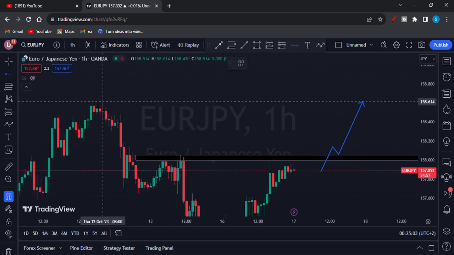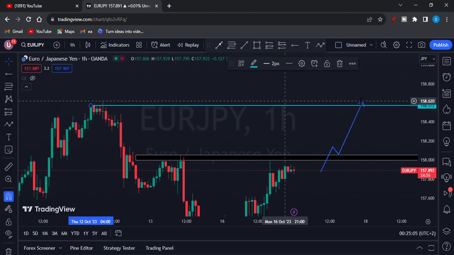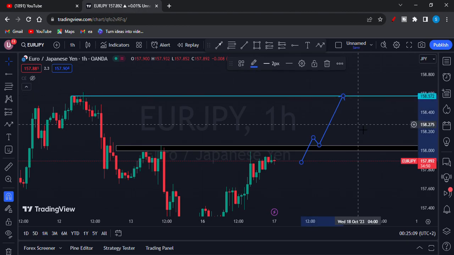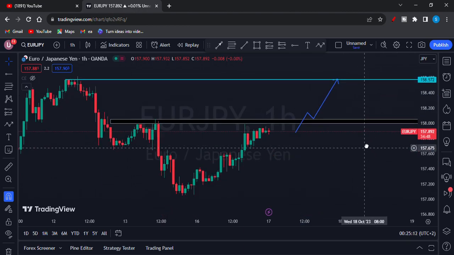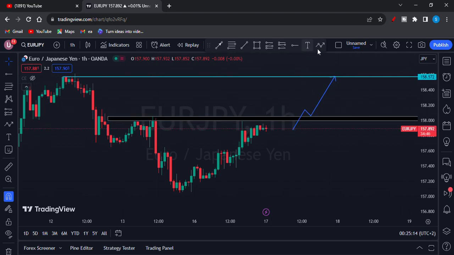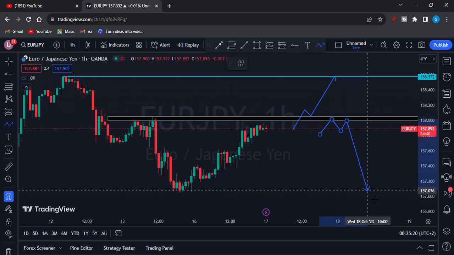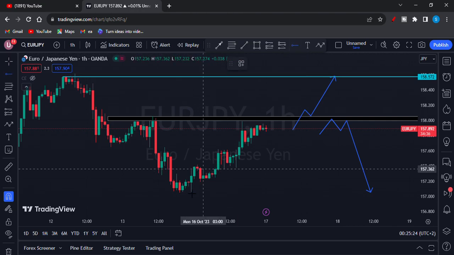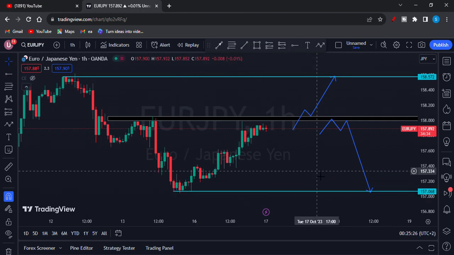And then my potential TP is going to be right there. And then if this doesn't happen, then there is a possibility of a double top and then a potential sell, and then my potential TP is going to be right there.